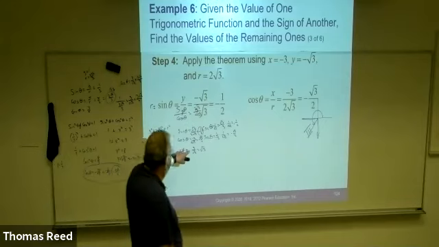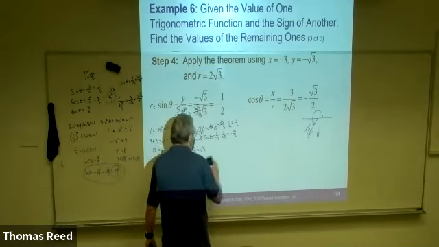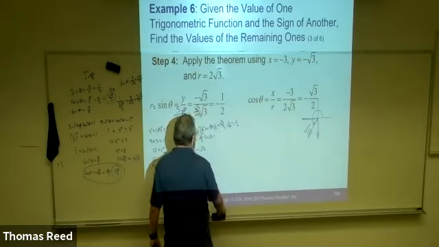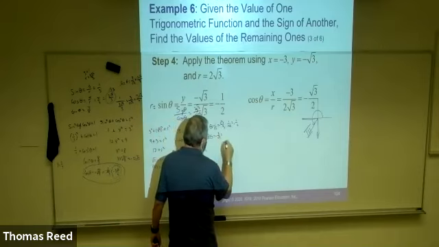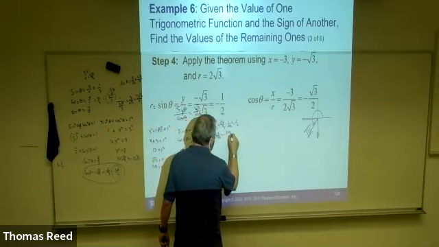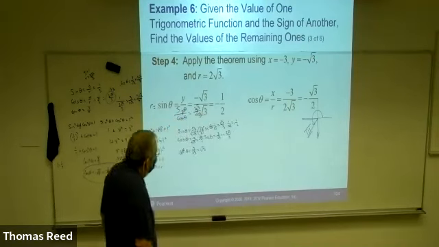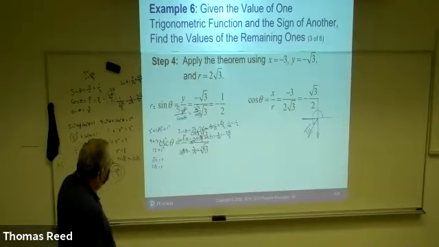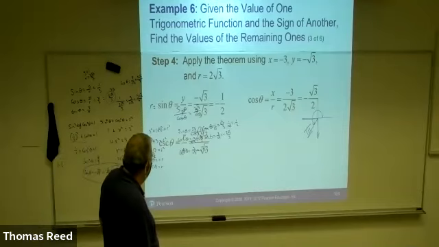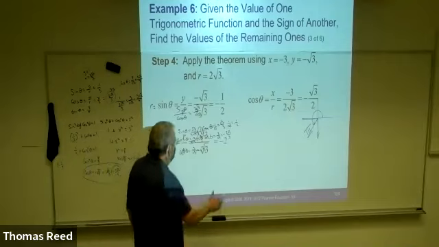So that means cosecant's going to be different than what I have here. So it's the reciprocal of this, which is -2 over the square root of 3, which is -2 square root of 3/3. And yeah, no, cosecant winds up being -2.